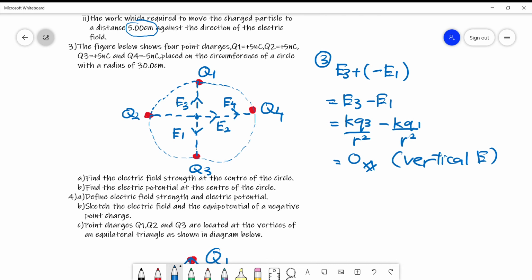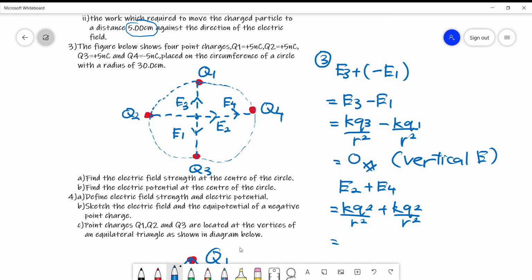Since E2 and E4 are in the same direction, I can add E2 plus E4. So this is KQ2 over R square plus KQ4 over R square.